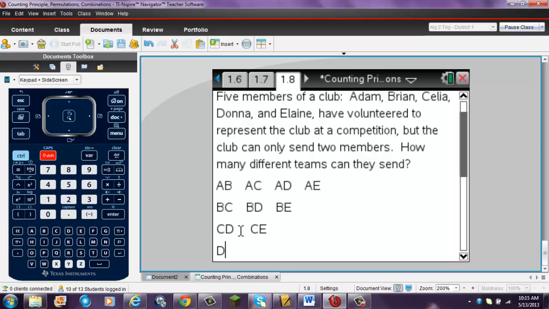And then you move to Donna, and Donna's already been paired with Adam, Brian, and Celia, so Donna and Elaine are the only pairing left. And after that, there's nobody else, because Elaine has already been paired with Donna, Celia, Brian, and Adam. So if you count these up, there's 4, 5, 6, 7, 8, 9, 10 possible ways, 10 possible teams that they can send.